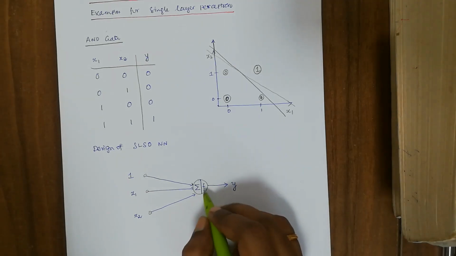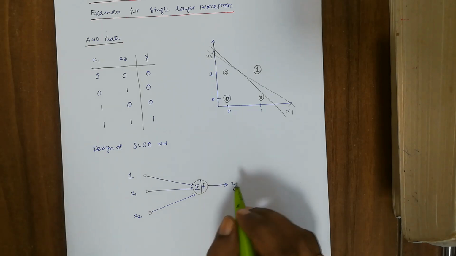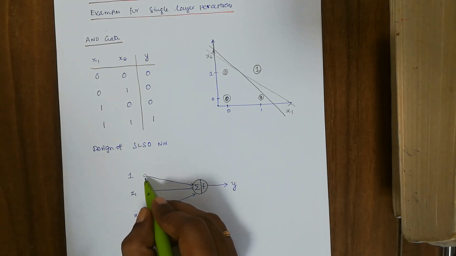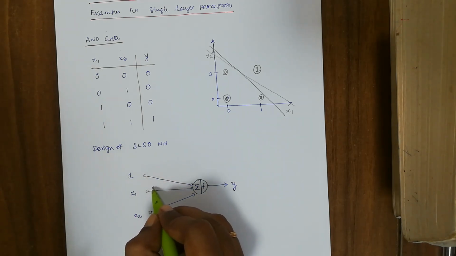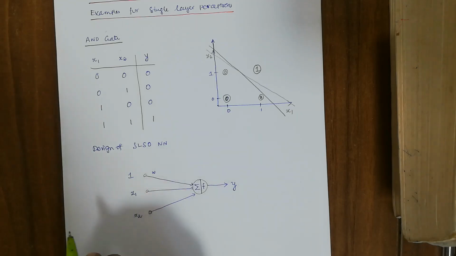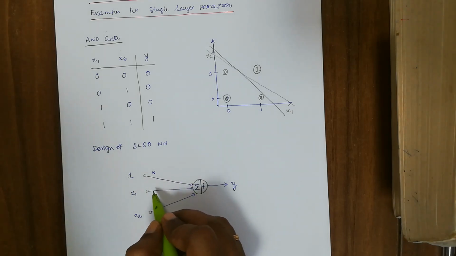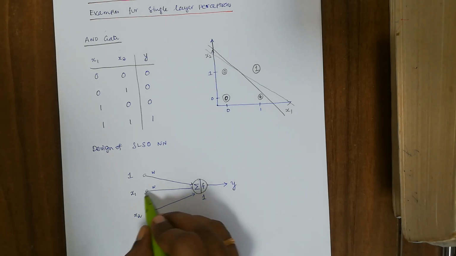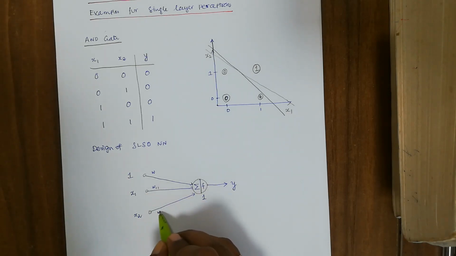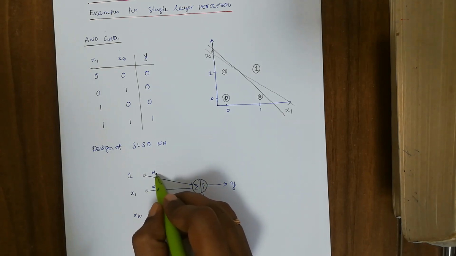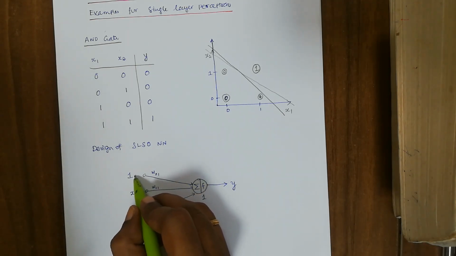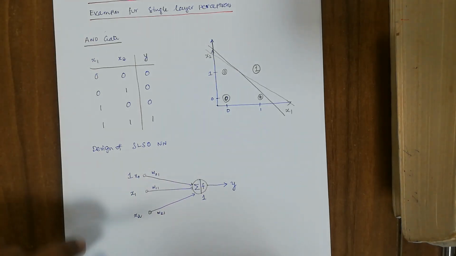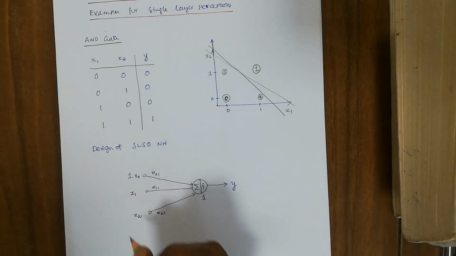This will do the summation followed by the nonlinear function, and we have to represent the weight vectors which connect. As I discussed yesterday, there is only one neuron in the output layer, so the weights are w11, w21, and w01, because the value of this is x0 and x0 takes the value 1. Then come the patterns for x1, x2.